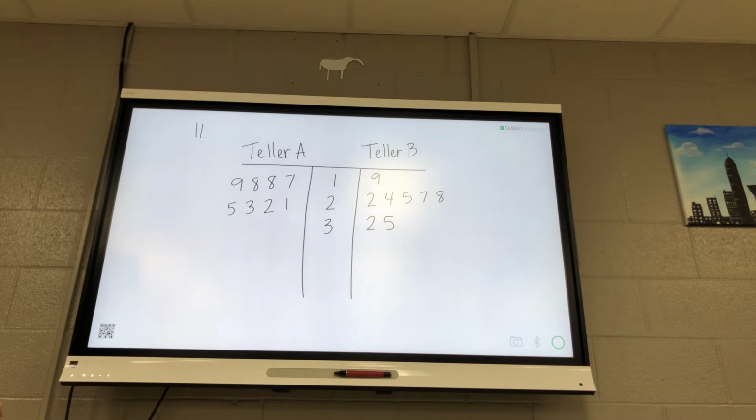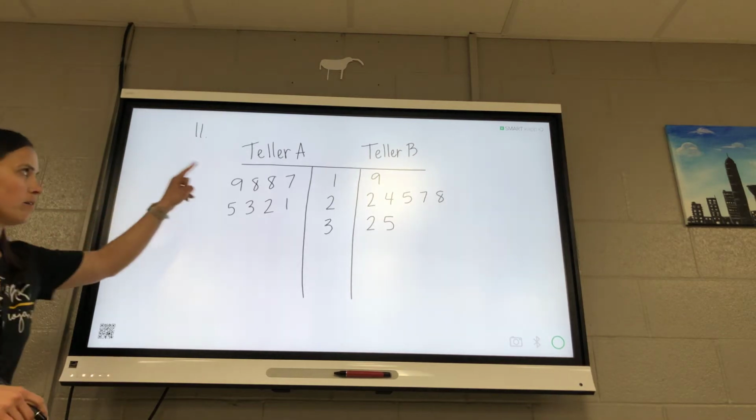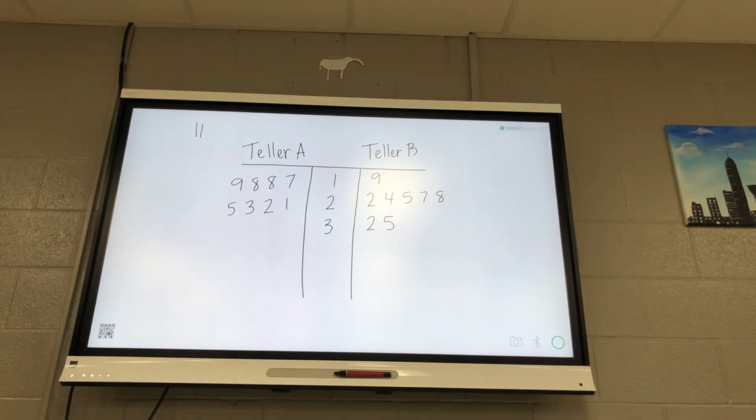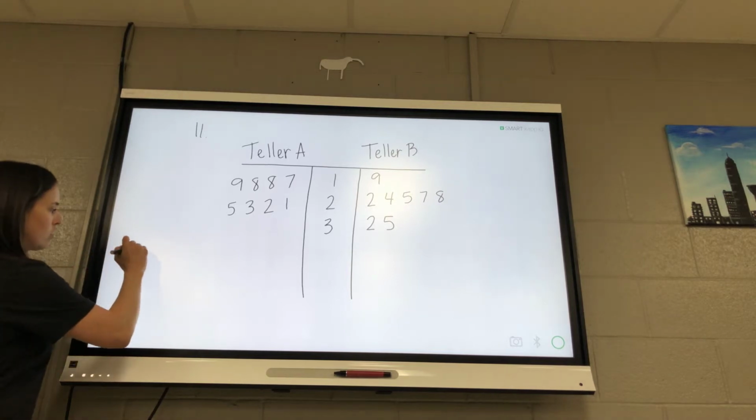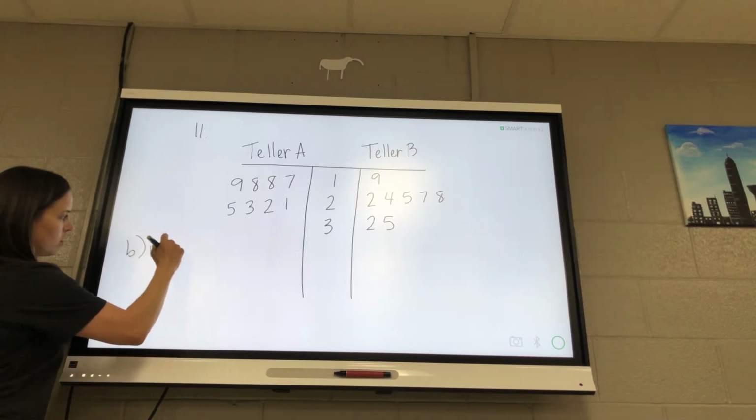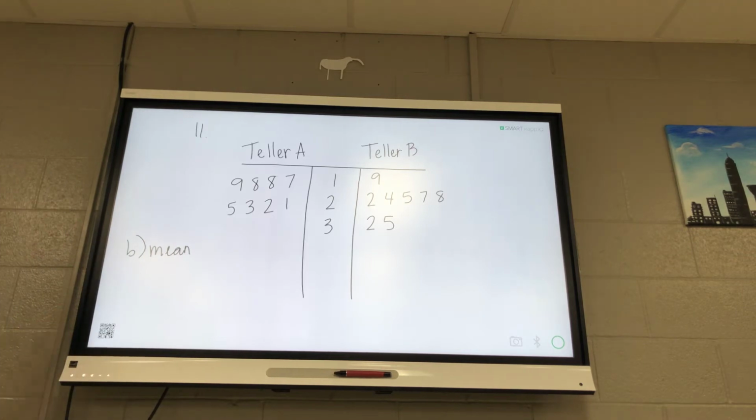Okay, which teller takes care of more customers? Definitely B. Part B asked us to use it to compare the mean and the median of the data for each teller. So what do we have for the mean between the two tellers? Teller B is higher. Does it ask us for the actual number?